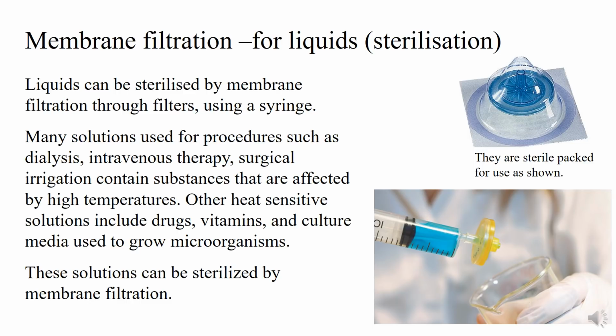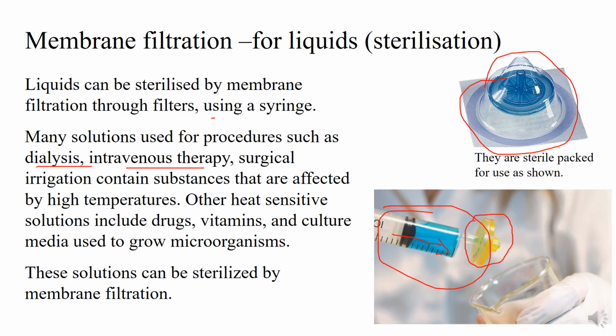For liquids, if we want to sterilize liquids, we use membrane filters like this. We use a syringe and attach a membrane filter to the syringe, and then you can sterilize the liquids through this membrane filter. Solutions that are used for dialysis, intravenous therapy or surgical irrigation contain substances in the liquid that can be affected by high temperatures.